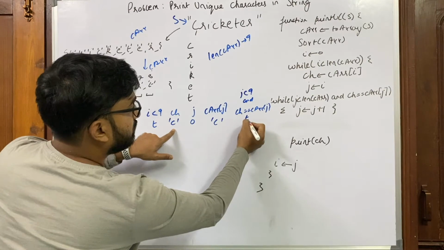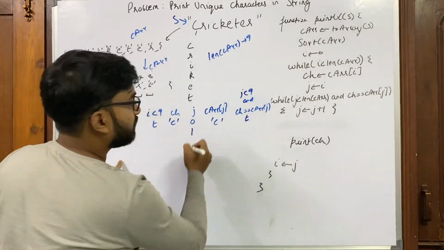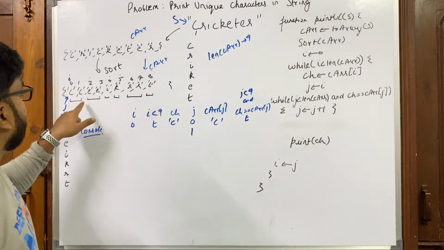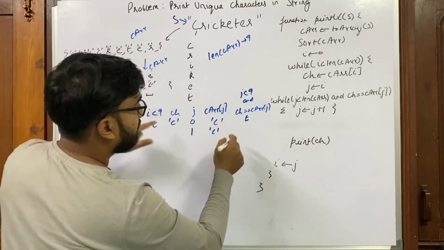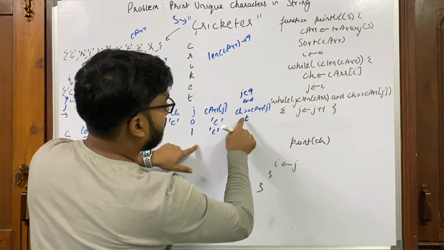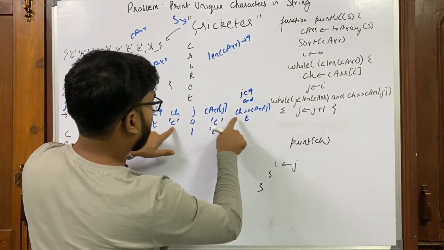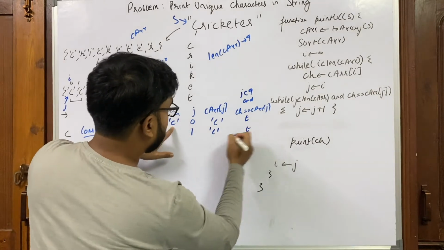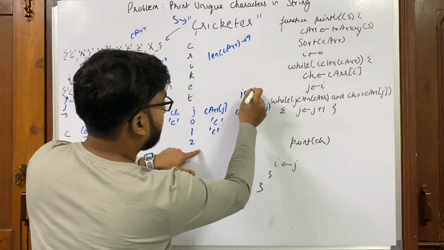So you do J equals J plus 1, J becomes 1. CARR of J in this case is C. 1 is less than 9 is true. Ch equal to CARR of J is true. J becomes 2. 2 is less than 9 is true.